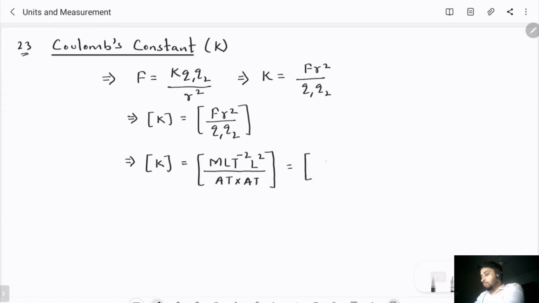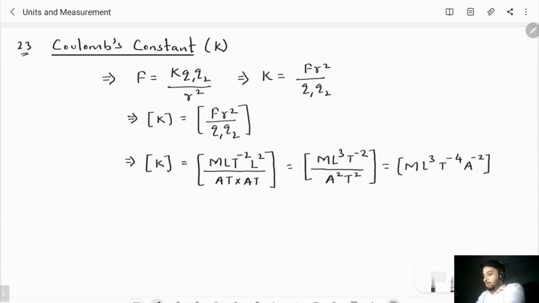So this becomes M L cube T to the power minus 2 divided by A square T square, which upon further simplification becomes M L cube T to the power minus 4 A to the power minus 2.